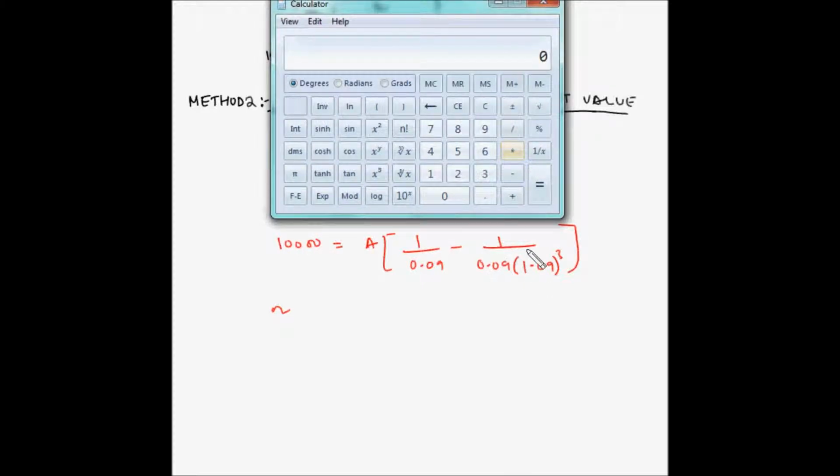So we'll first take this part, 1.09 cube into 0.09, and 1 by x, this is negative, plus 0.09 reciprocal, so this is 2.53.